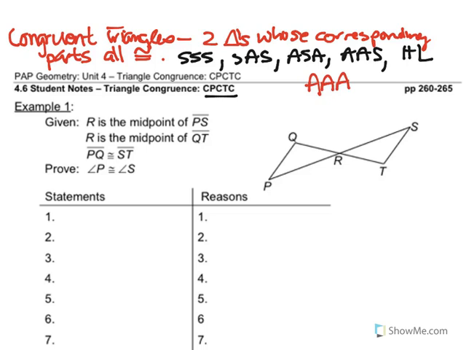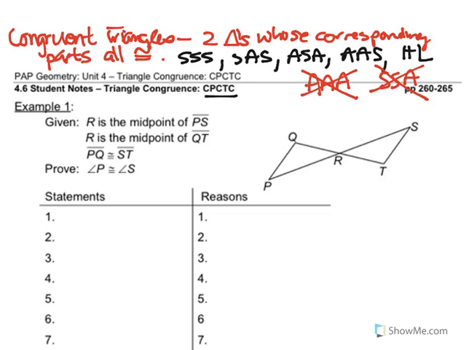AAA is bad news. I can't use all those A's. And then side, side, angle. We know what that means. That is a bad word. So anyway, not going to work.